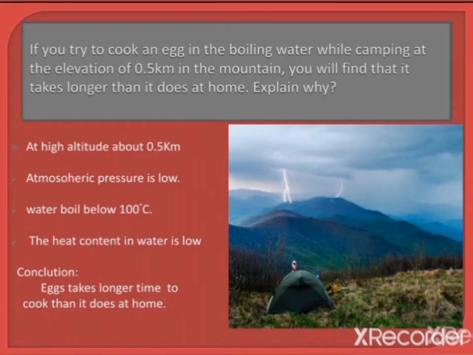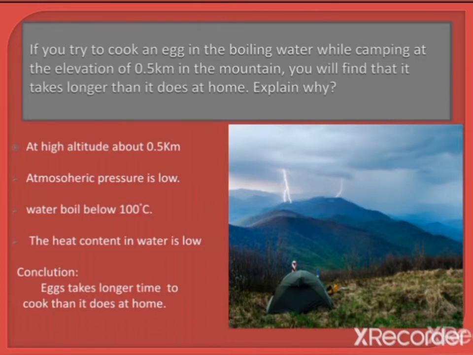While camping at the elevation of 0.5 kilometer in the mountain, you will find that it takes longer to cook eggs than it does at home. Explain why. At high altitude above 0.5 kilometer, atmospheric pressure is low.